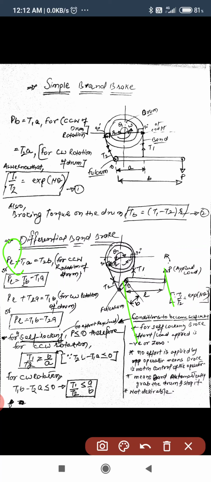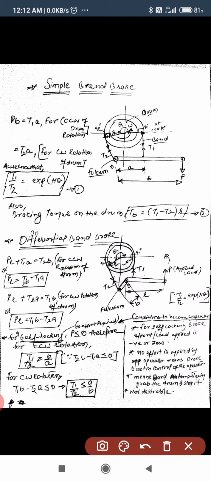O is the fulcrum, the point about which the moments are taken when it rotates anti-clockwise. So we get PL equals T2 B minus T1 A.